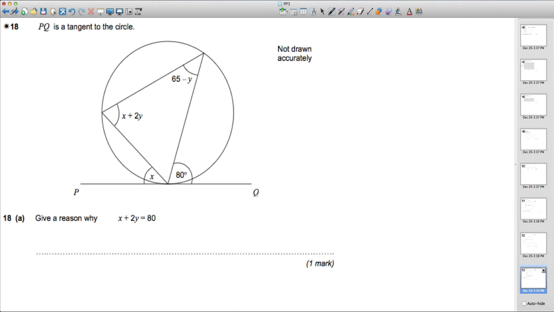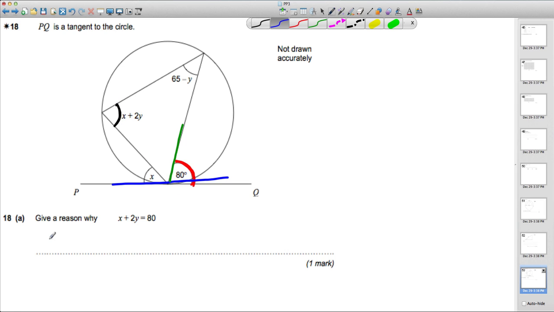Question 18. PQ is a tangent to the circle. Give a reason why x plus 2y is 80. Now, if this is tangent to the circle, the angle that a tangent makes with a chord, so this angle that this tangent here makes with this chord here, must be equal to the opposite angle in the shape that's formed.